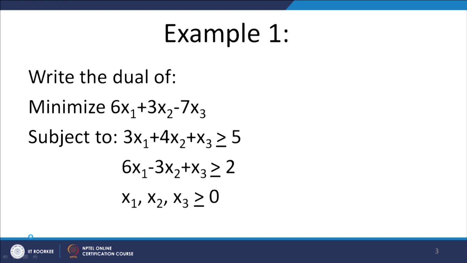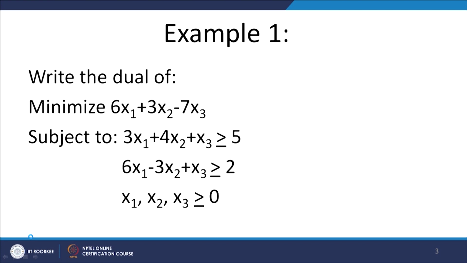So, recall what are the two standard forms of the primal? Either the primal should have minimization of the objective function and the constraints should be of the greater than or equal to type, or the primal should be maximization of the objective function and less than or equal to constraints.